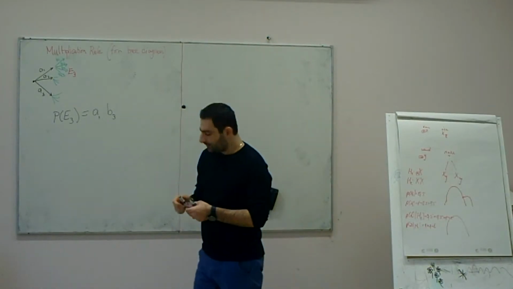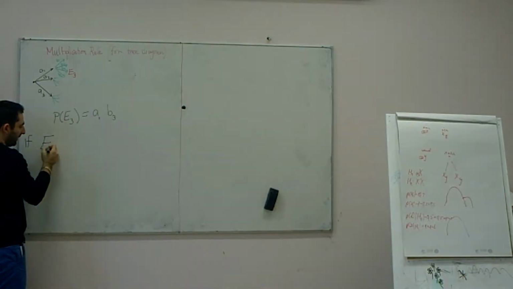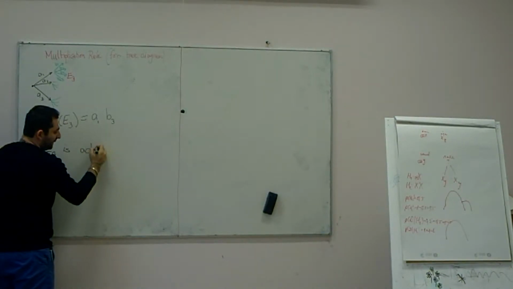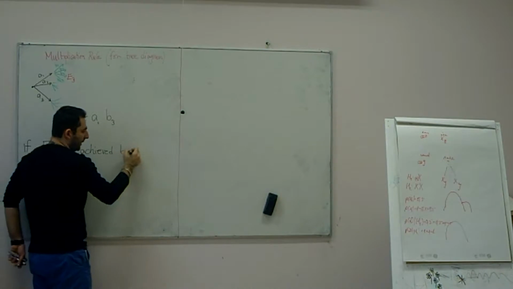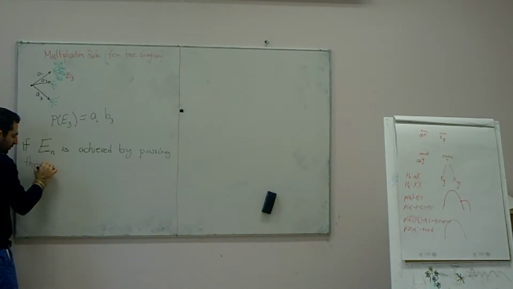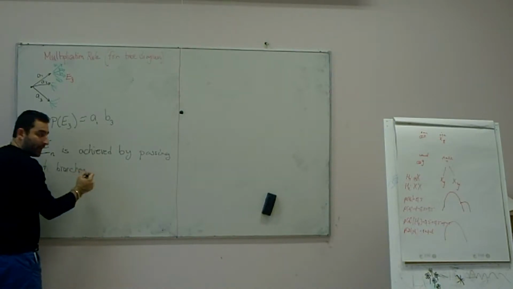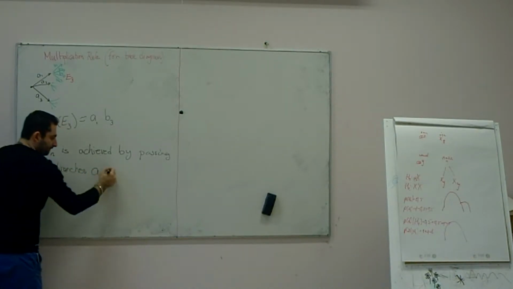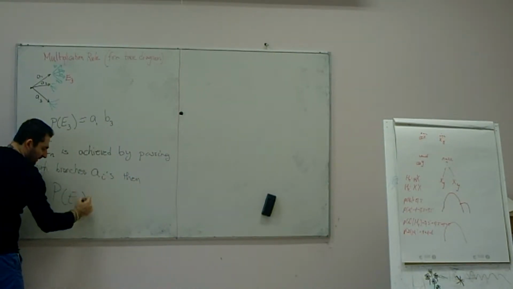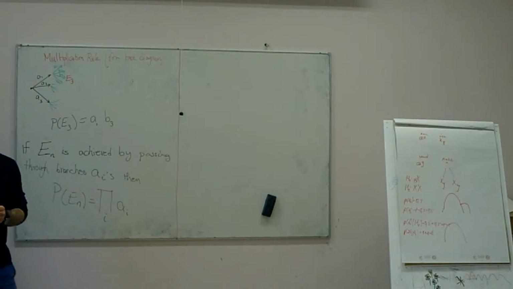In other words, if En is achieved by passing through branches Ai's, then the probability of En is the multiplication of the probabilities of the branches.